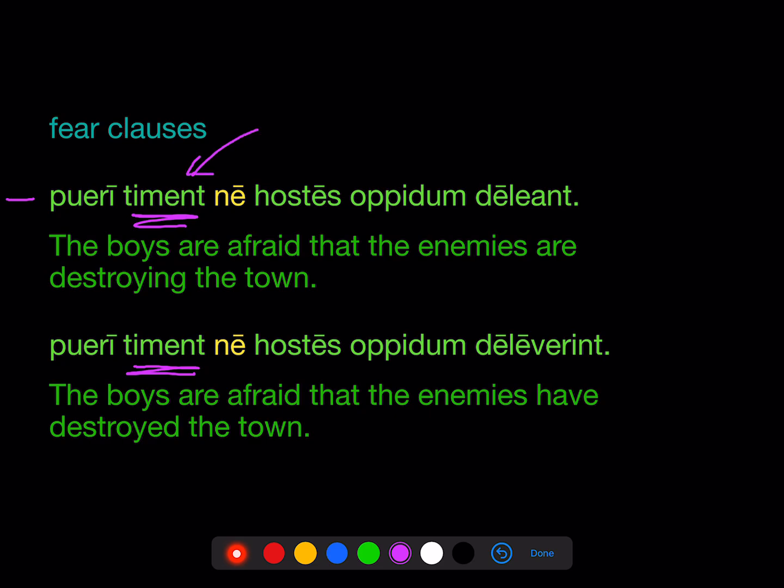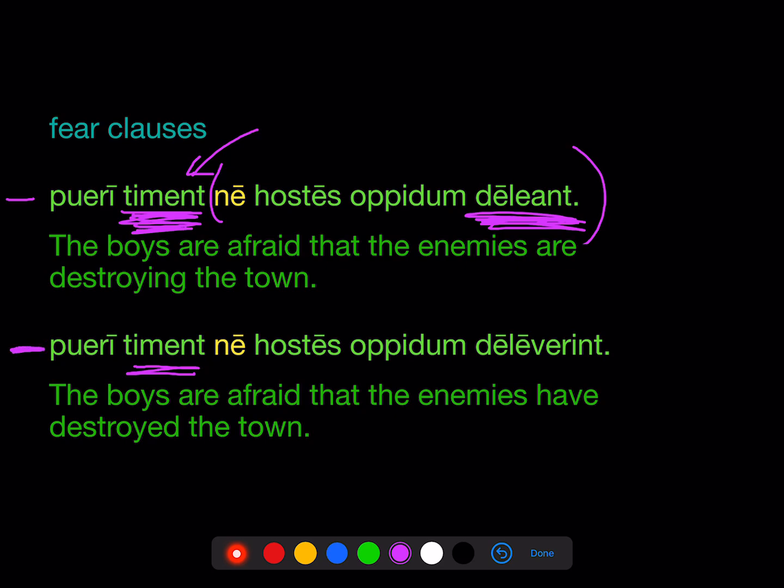Present tense main verb, and the action in this fear clause is taking place at the same time as this main verb, or maybe future to that main verb. Either way, we're going to use a present subjunctive here. Just like we used a present subjunctive in the purpose clauses and the indirect commands that had present tense main verbs.